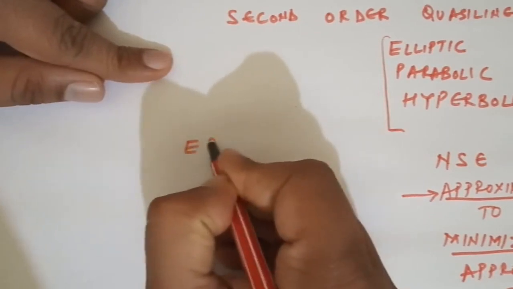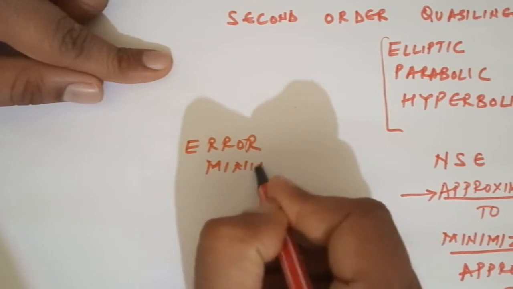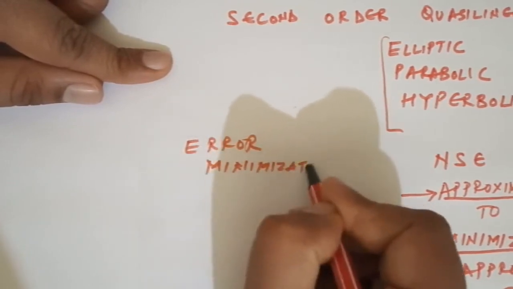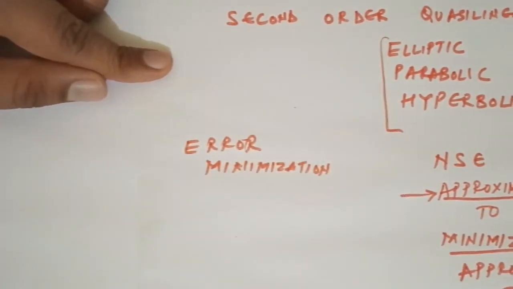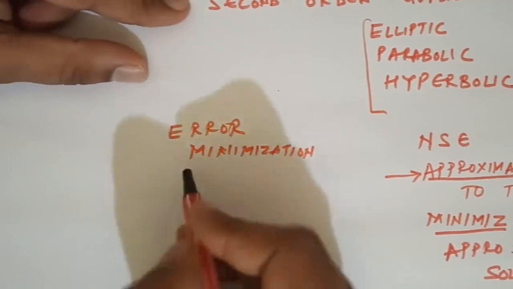So we want to minimize the error. And also this is closely related to the principle of least action.